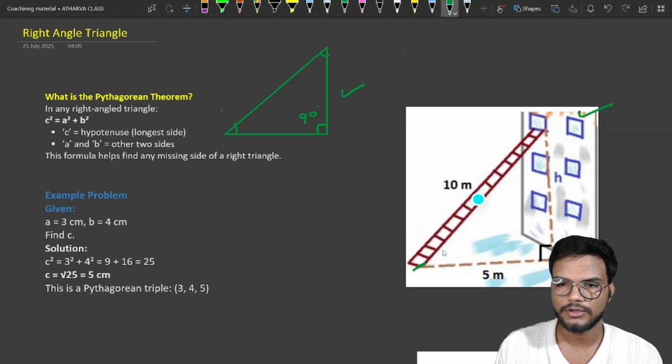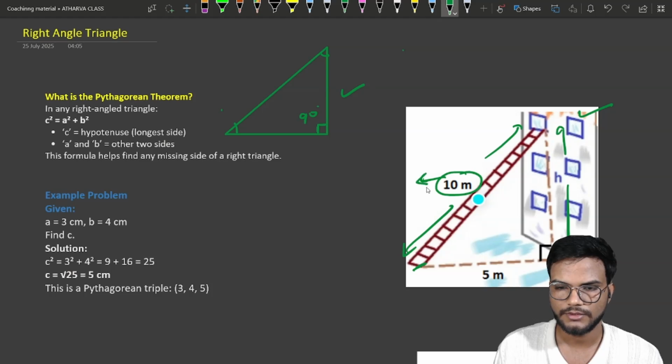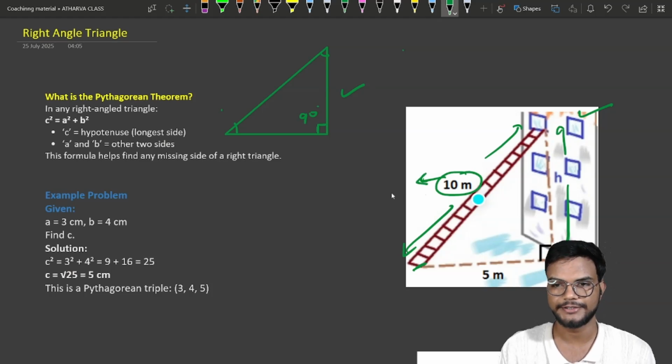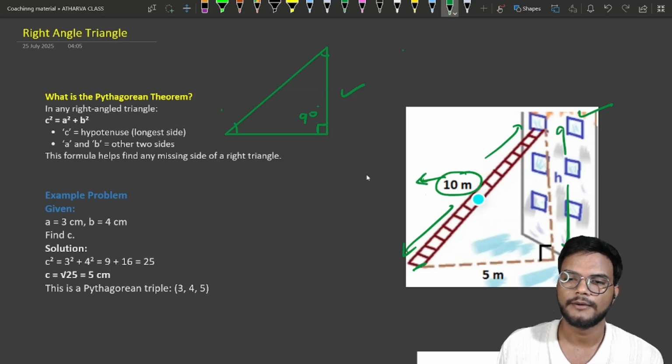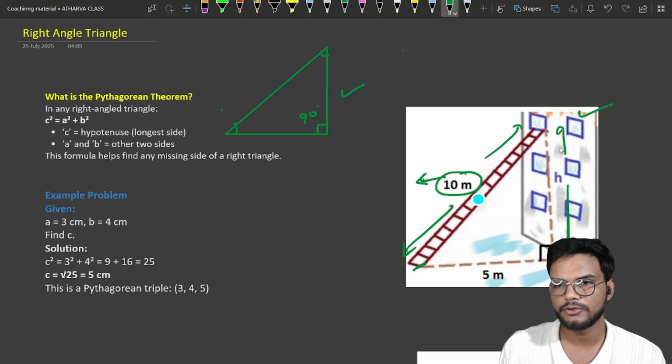You have to measure the height of the wall. If the stair is 10 meters, which we have already measured, we need to find out till what height we can use it.